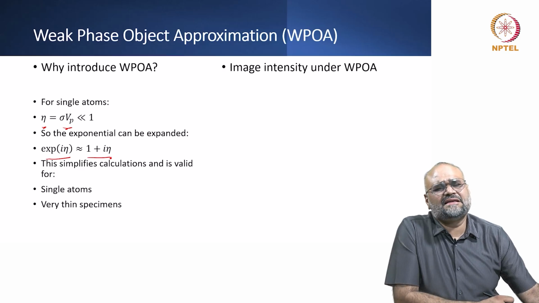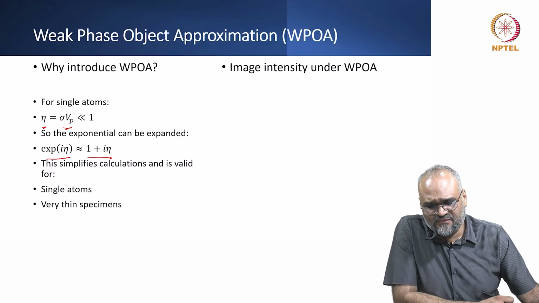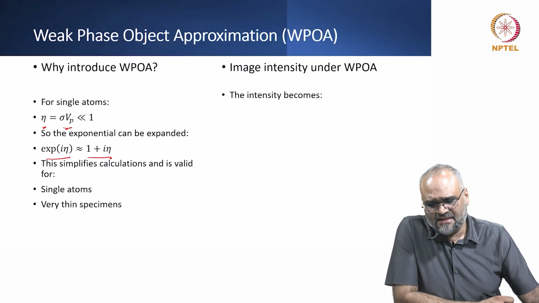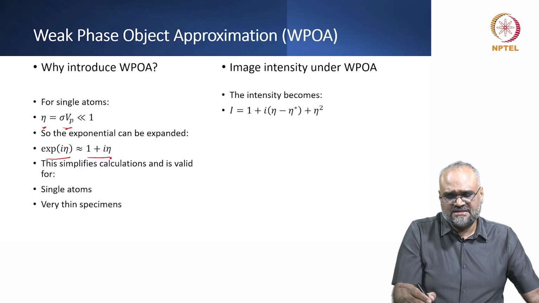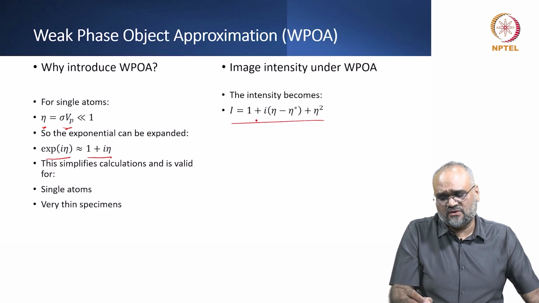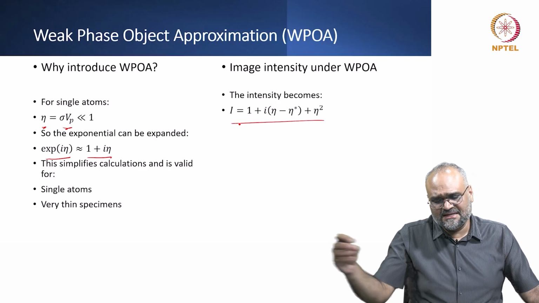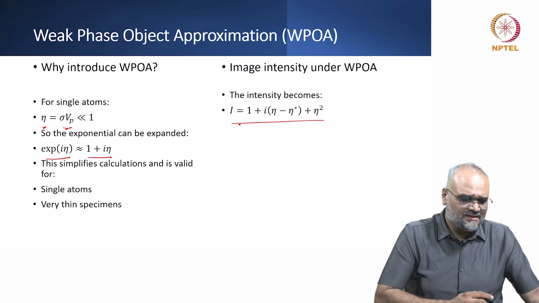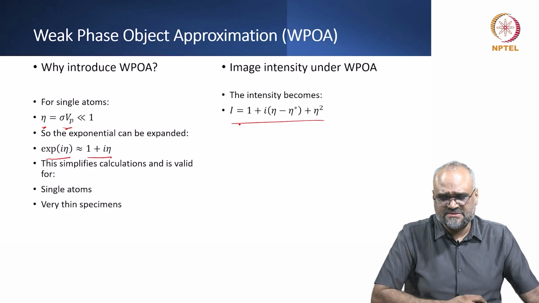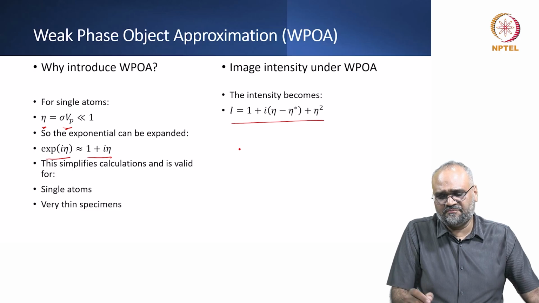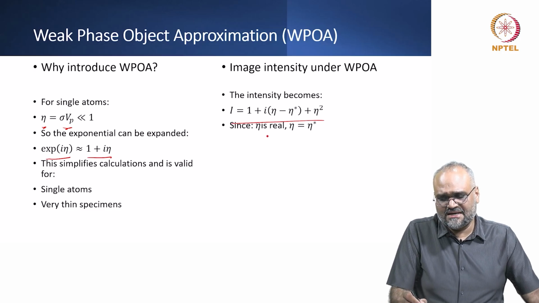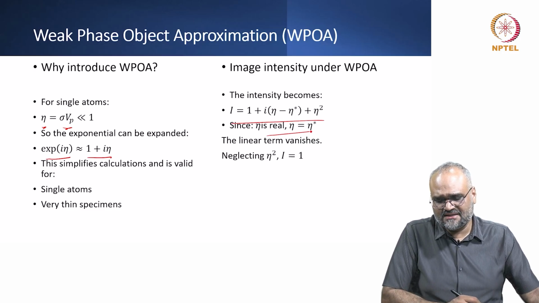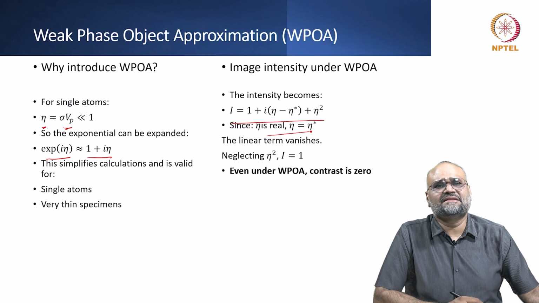And if I look at the image intensity under the weak phase object approximation, the intensity now becomes something of this form. When I've taken the linear expansion of the exponential term by ignoring the higher order terms, I have something of this form, and from here my intensity becomes somewhat like this.